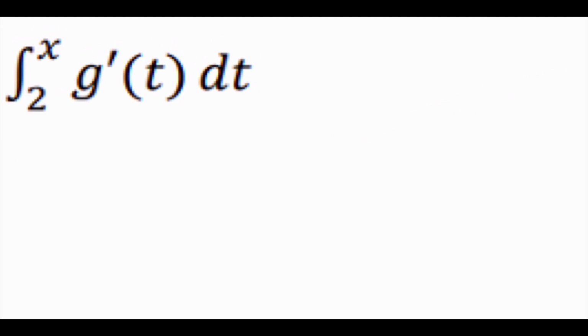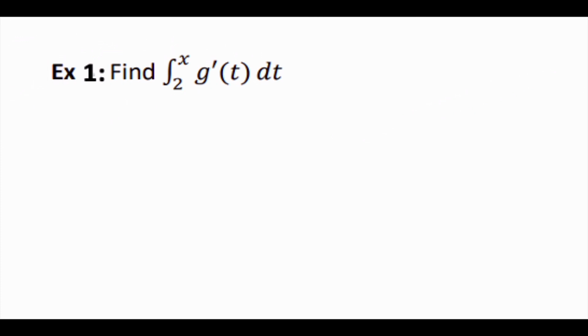Antiderivative, right? So what would the antiderivative be for g prime? G, right? Okay, so let's write this down. So the antiderivative would be g of t, right? And then we would have to evaluate from this to this, right?